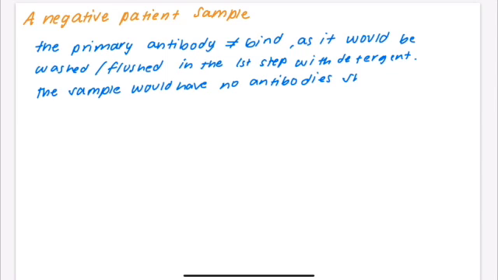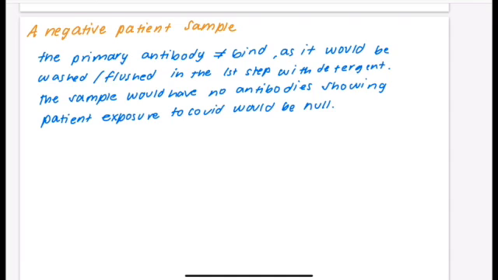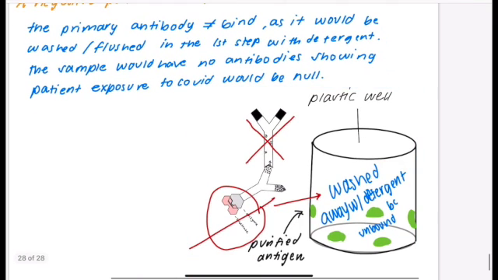Moving on to the enzyme or substrate, binding will not be possible simply as there will be nothing for them to attach to, because the original purified antigen is not able to bind to any primary antibody, since there will be none, as the patient will not have any antibodies showing that they had COVID.